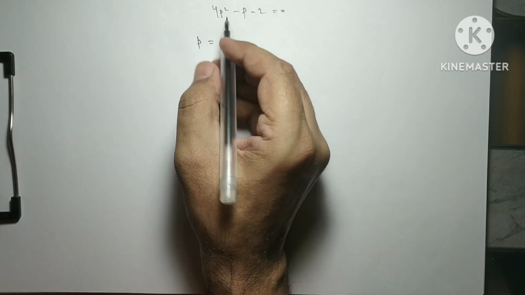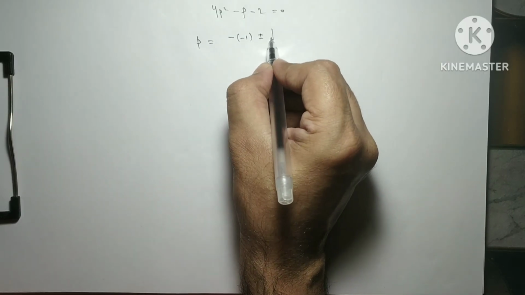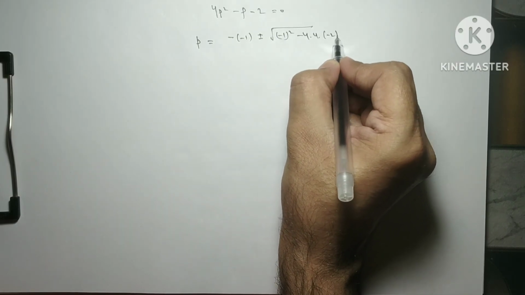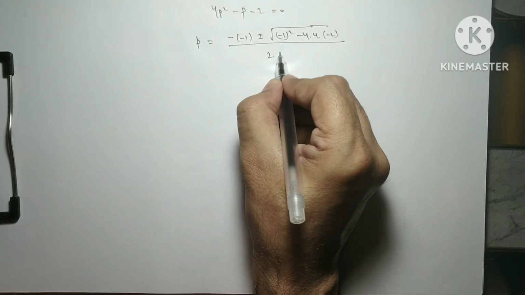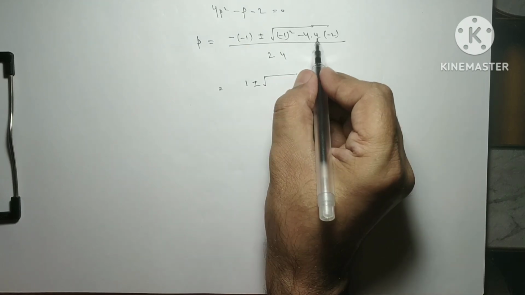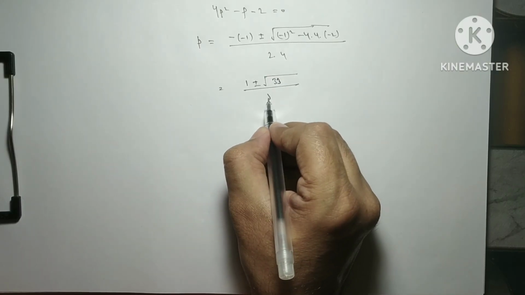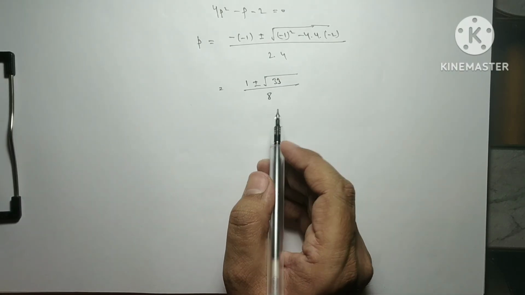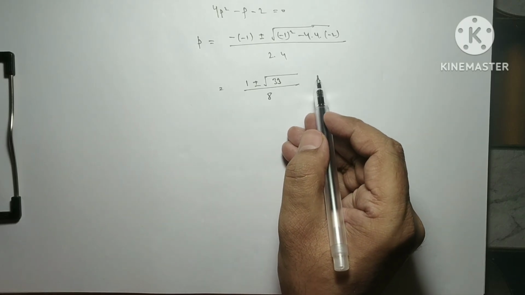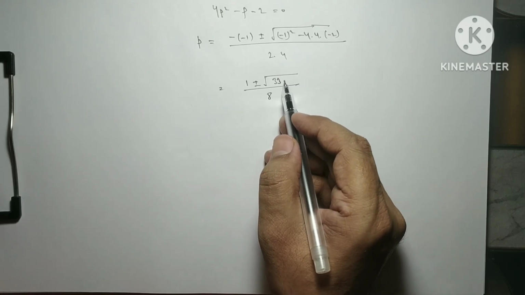On using the quadratic formula, p will be minus of minus 1 plus or minus under root of minus 1 square minus 4 into minus 2 all divided by 2 into 4. So you get 1 plus or minus root of 1 plus 32, which is 33, over 8. The root of 25 is 5 and the root of 36 is 6, so it is in between, around 5.5 or 5.6.